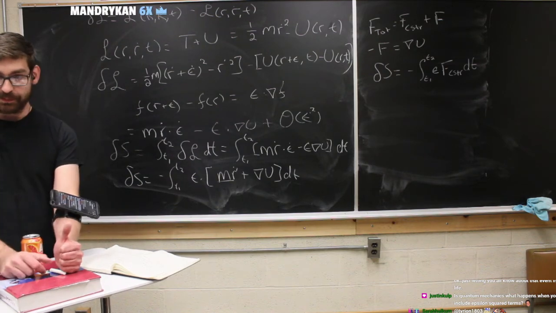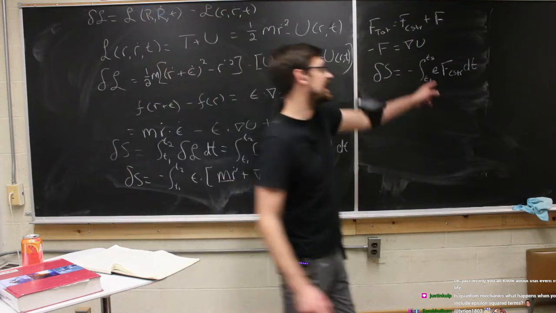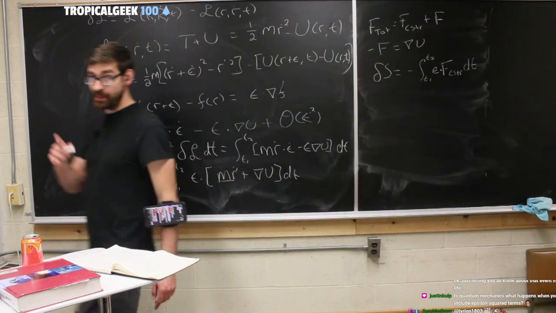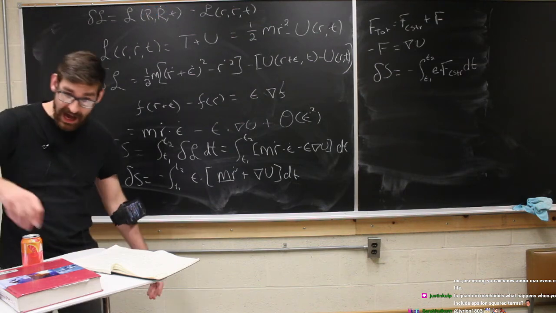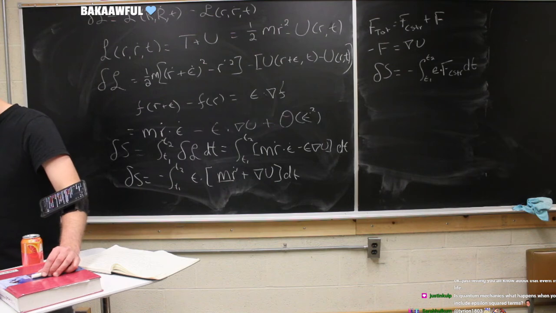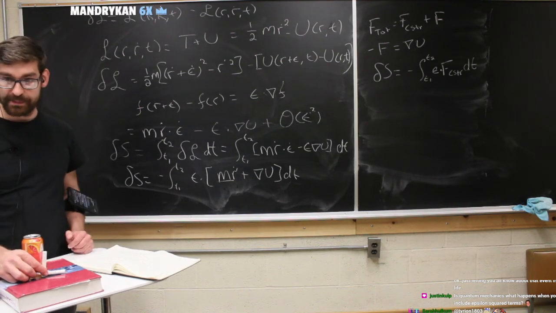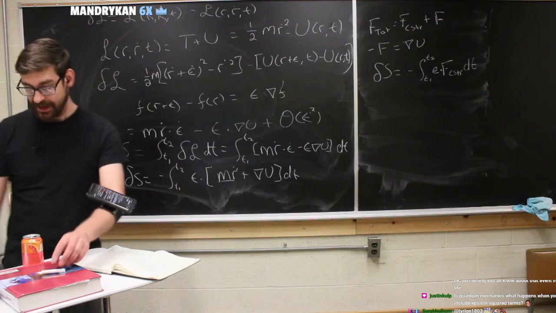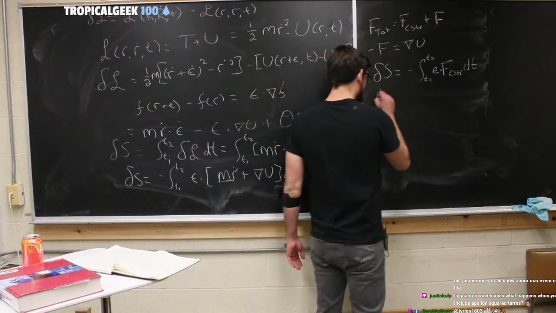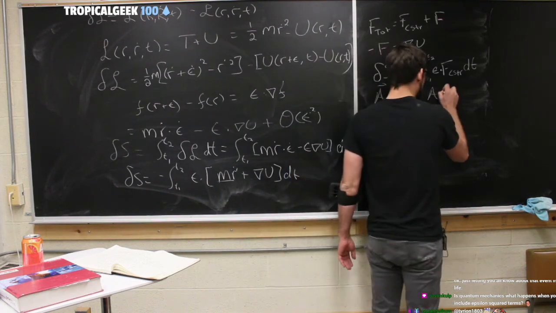That means if it's applying it this way, and our epsilon was a variation, remember these are both vectors, epsilon is a variation of the path being on the plane. That means we have one like this, and one like this, and that means they are perpendicular. If you have two vectors dotted together and they're perpendicular, remember the dot product, A dot B is equal to AB cosine theta.